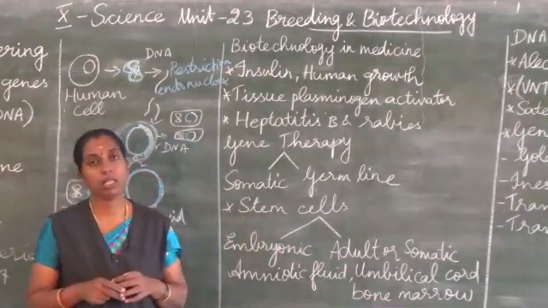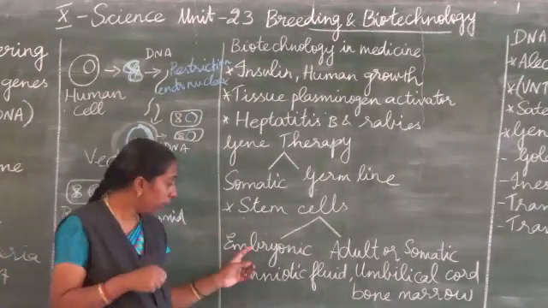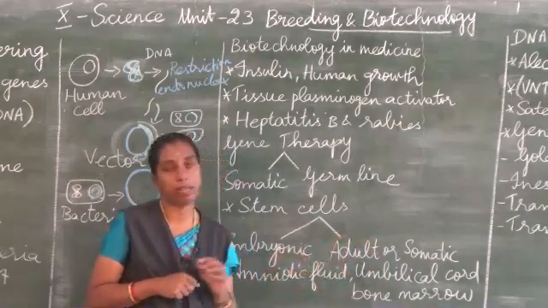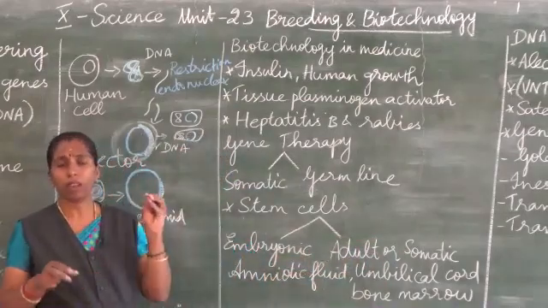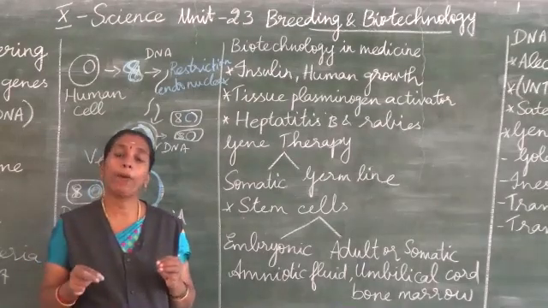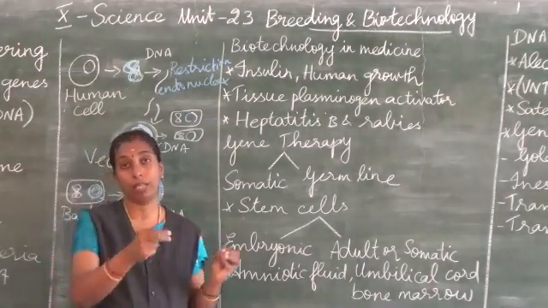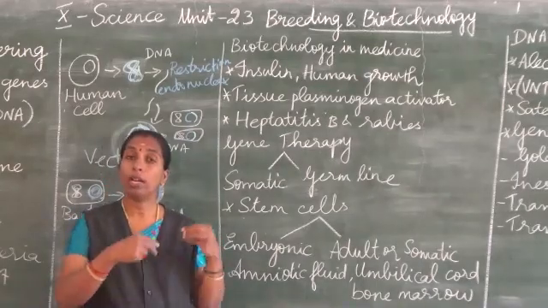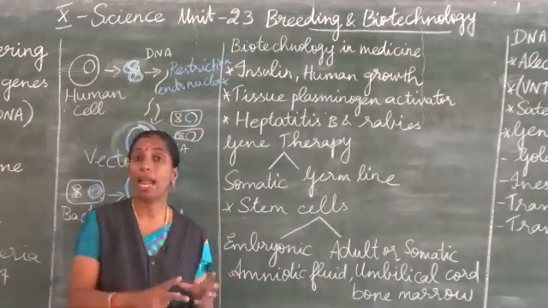Stem cells are of two types, embryonic stem cells and adult or somatic stem cells. Now these stem cells can be used to produce specialized types of cells like neurons, heart muscles, liver or pancreatic cells.